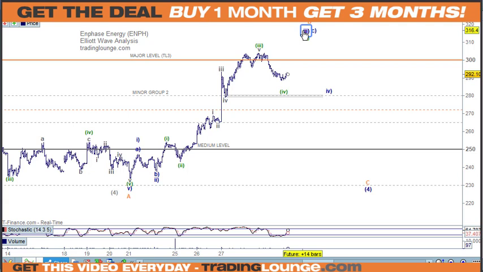So as an A wave, a B wave, 1 and 2, I'm going to look at all of this as 1, 2, 3, 4, 5 for the C wave here, and then 4 and 5. When I get to this green wave 5 here, that could also be the C wave of wave B here.